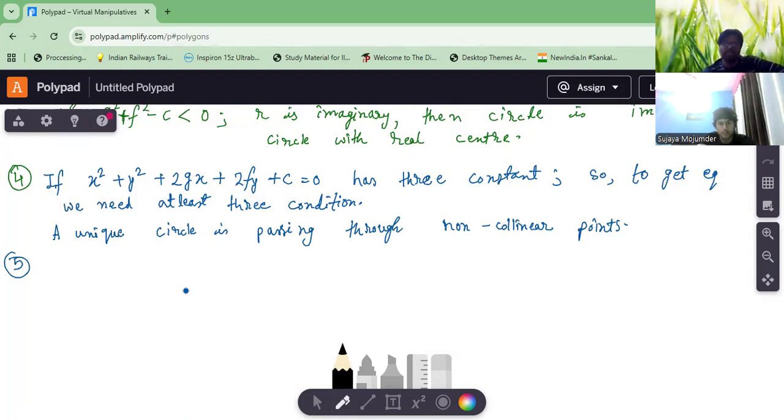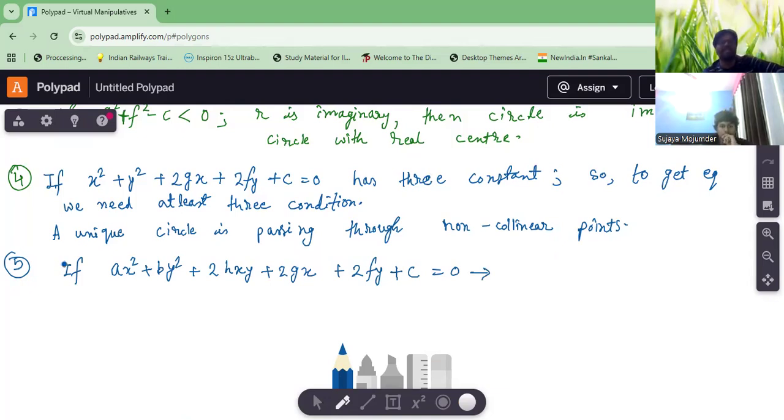Now, point number five. Suppose ax square plus ay square plus 2hxy plus 2gx plus 2fy plus c equals to 0. So this equation, if I say that it is a circle, has certain conditions.